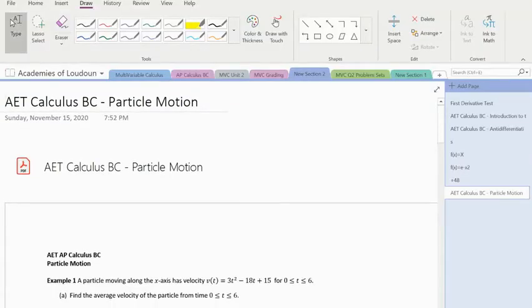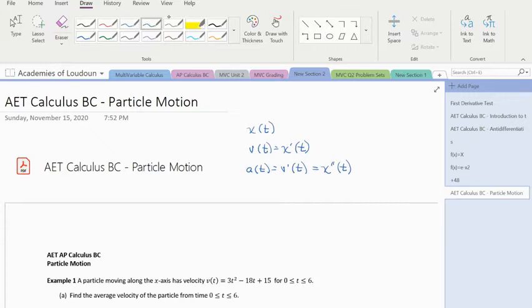Okay, so before we get talking about particle motion, we're going to look at a couple of the formulas that we already know. We know that if we have x of t, v of t is going to be the derivative of x of t. A of t is the derivative of our velocity, which is the second derivative of position.